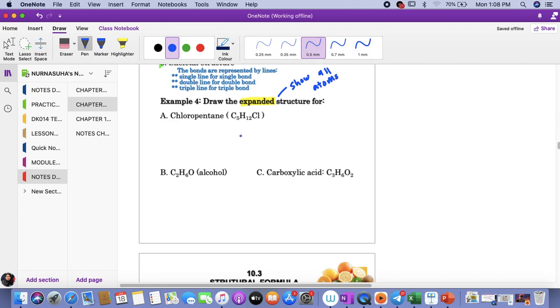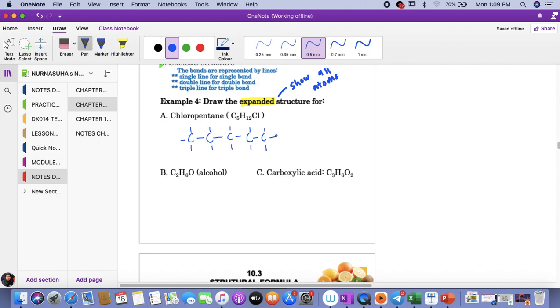Okay, so first kita tengok bilangan karbon dulu. 1, 2, 3, 4, 5. And I told you during our first lesson, carbon can form 4 covalent bond. Okay, so we draw the bond surrounding carbon first.